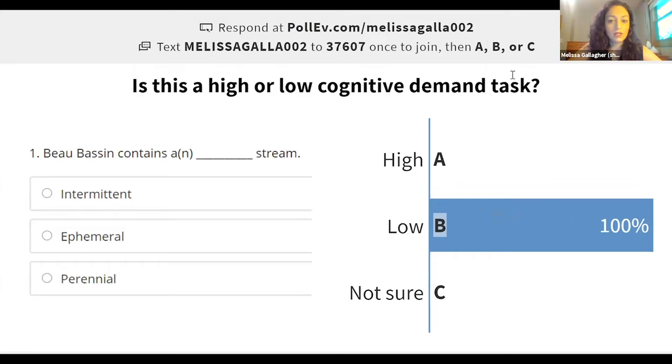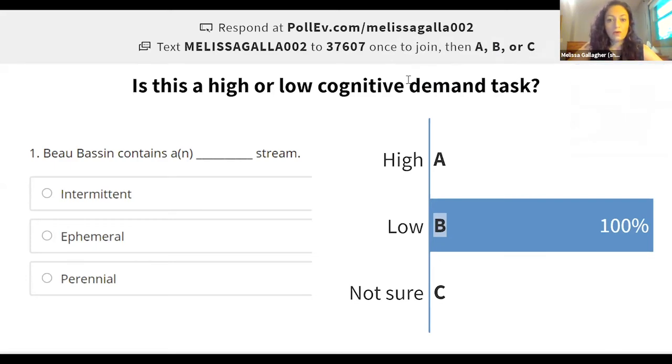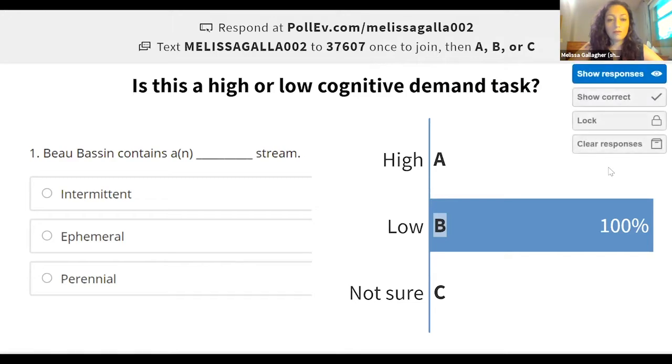All right, well, we seem mostly in agreement here. That's good. This is more of a definitional type, vocabulary type item. And so those are totally okay.